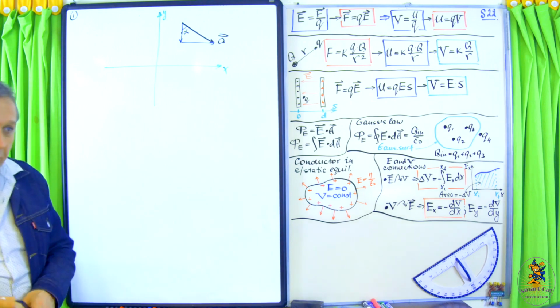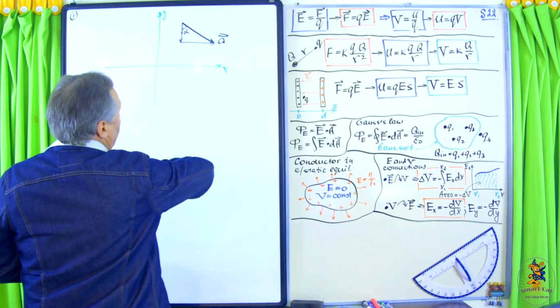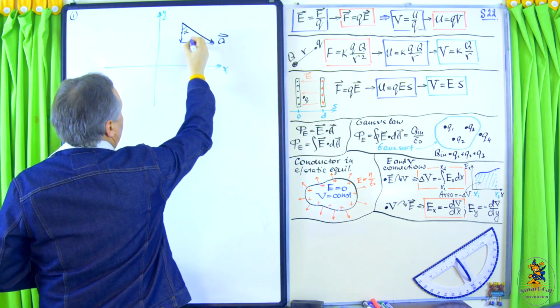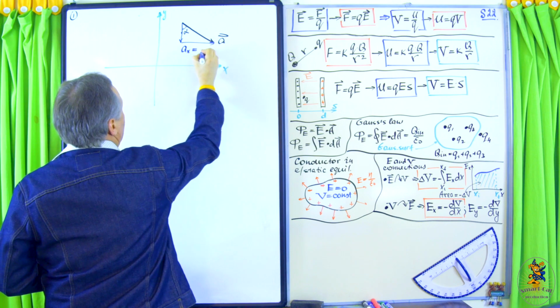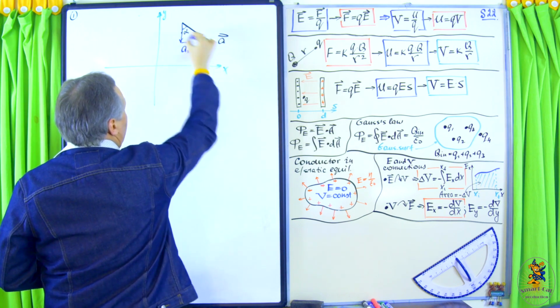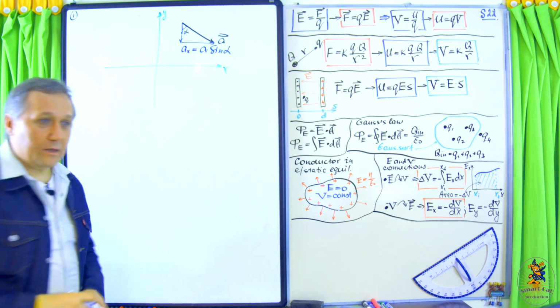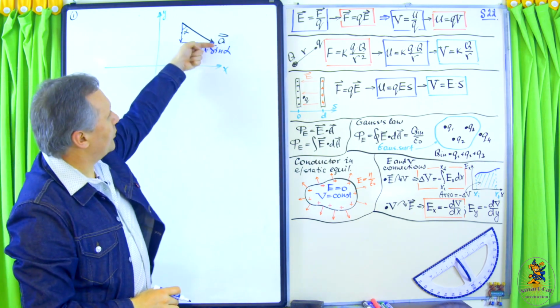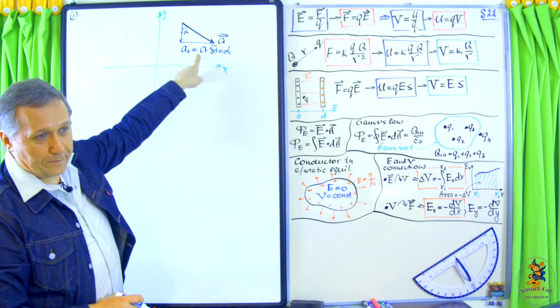How can we find the x component? Since this side is opposite to the given angle, in order to find this side, let me write A sub x equals hypotenuse times sine of angle alpha. Since this component points in the positive x direction, it's a positive component.